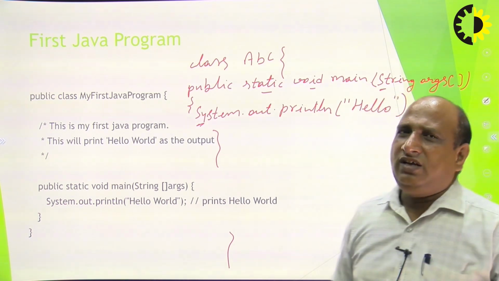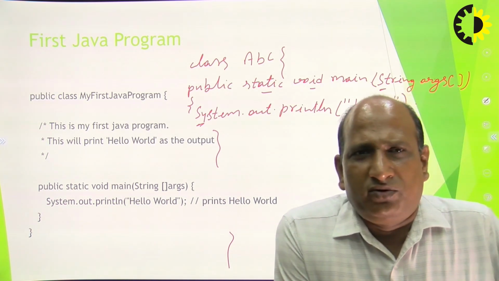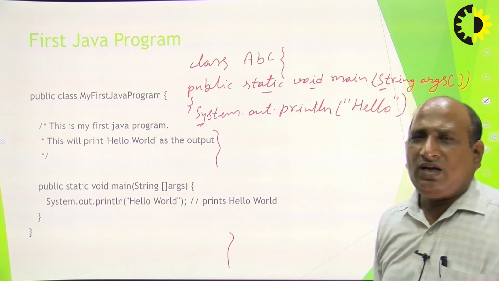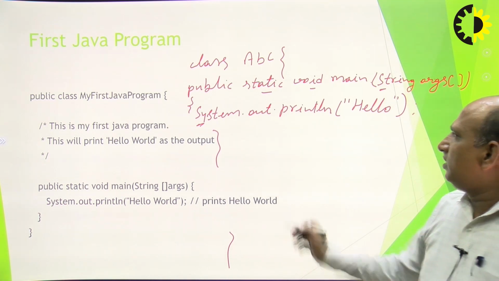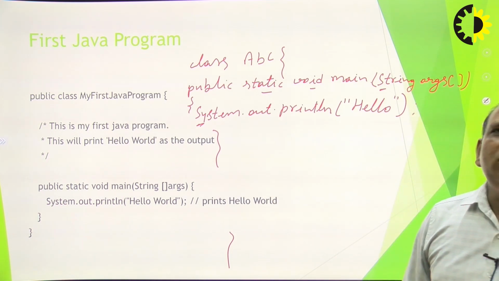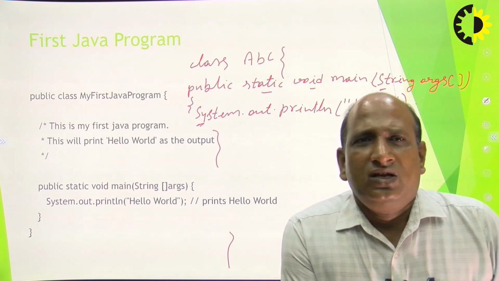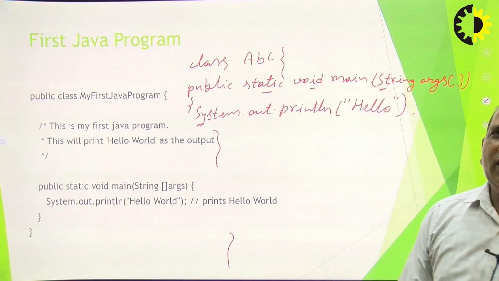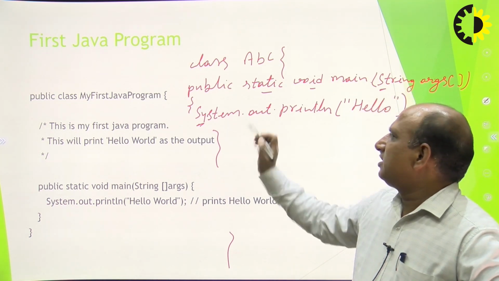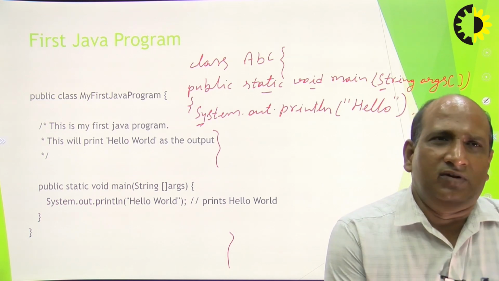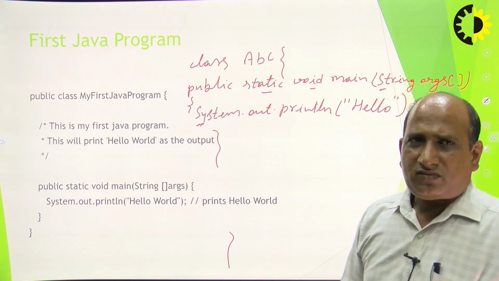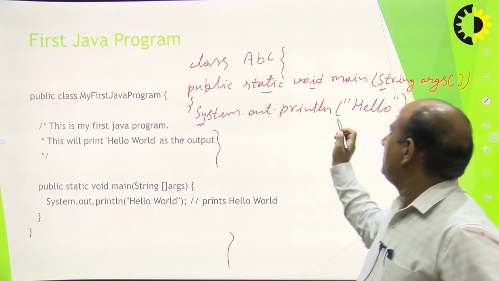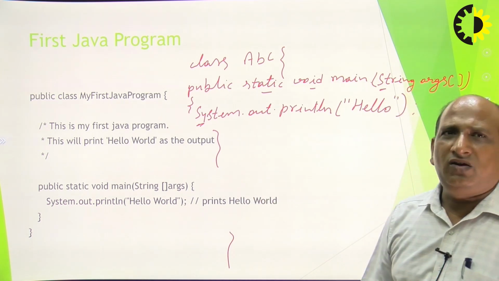System.in refers to the keyboard input device, System.out refers to the output device, meaning the monitor. Since in, out and err are static, we can call them directly by the class name. That is why System.out has been called over here. System.out refers to the output device, and on that output device we have printed this hello.